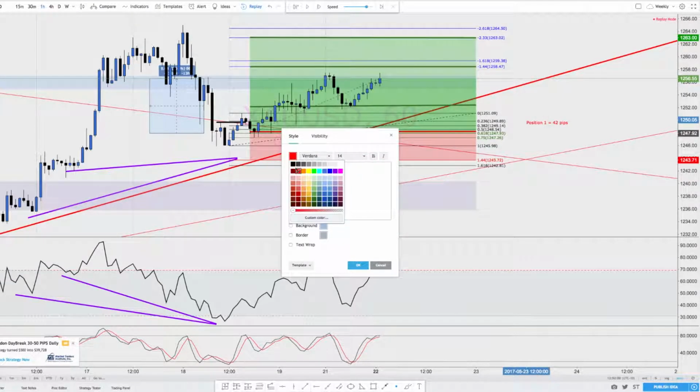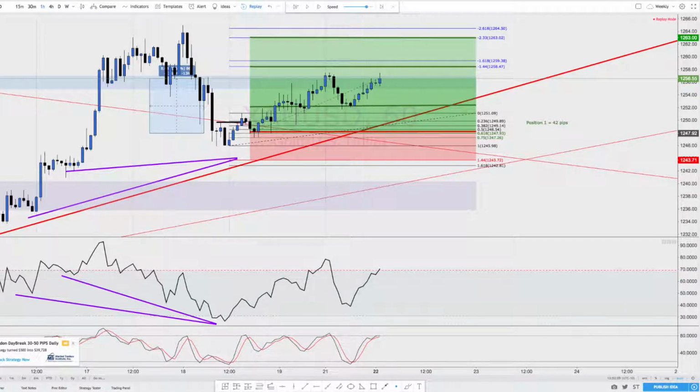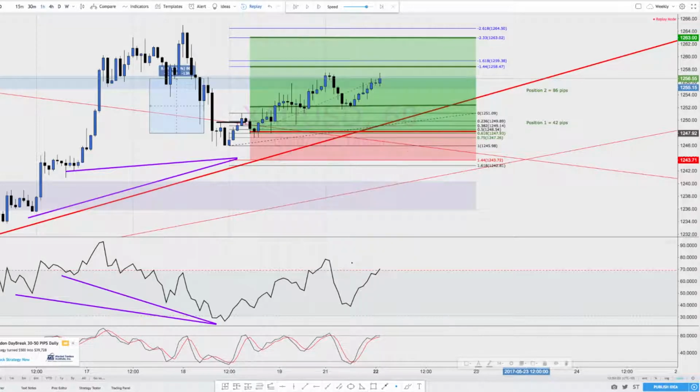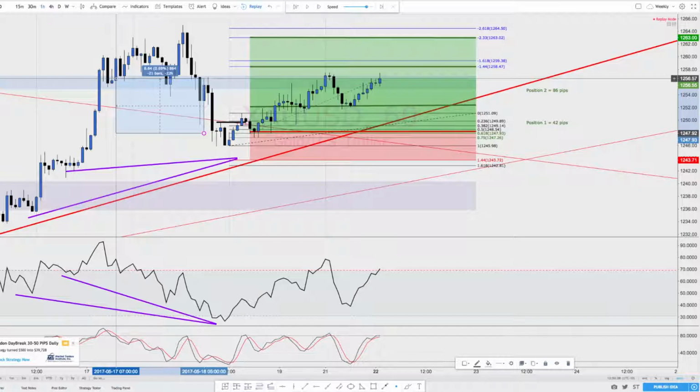Take profit. Position 2, we're taking profit at 86 pips. If that's correct, yeah, 86 pips on position 2.